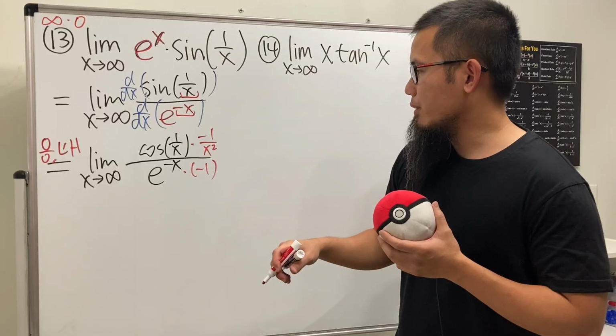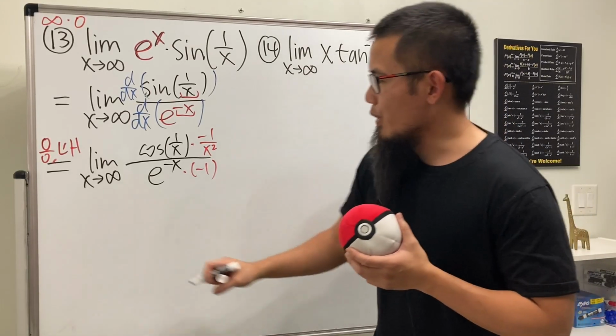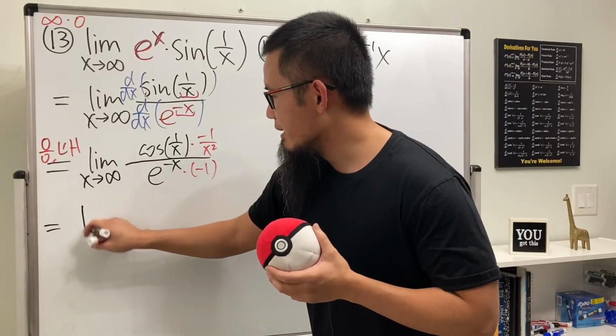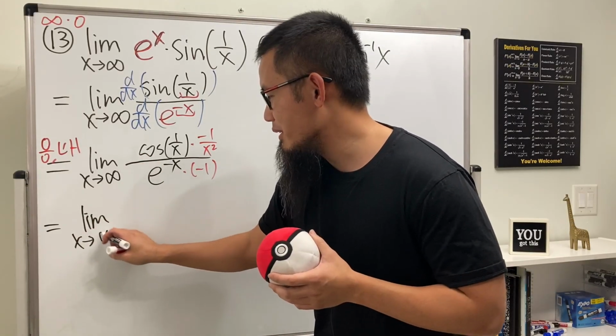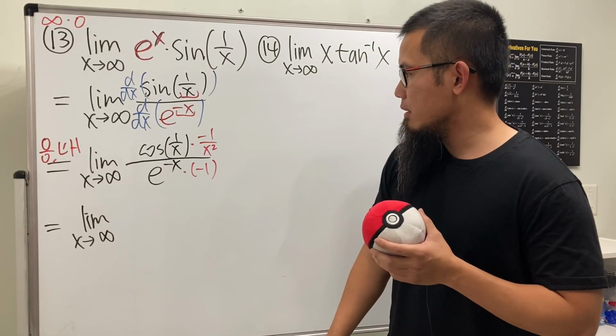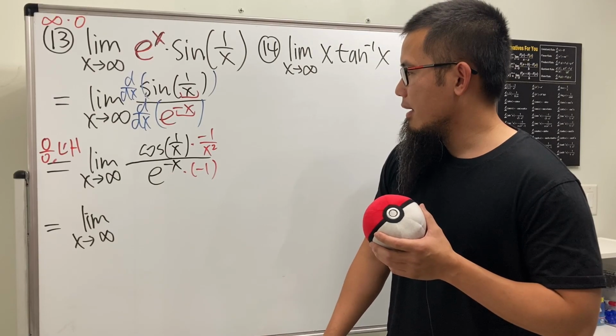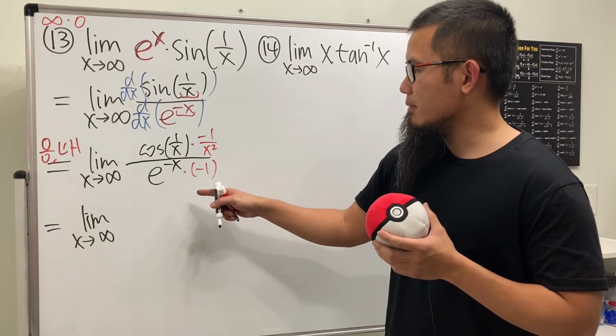Okay, so, what do we do? Well, let's have a look. This right here is the limit as x approaching infinity. I mean, I can put this on the bottom, right?